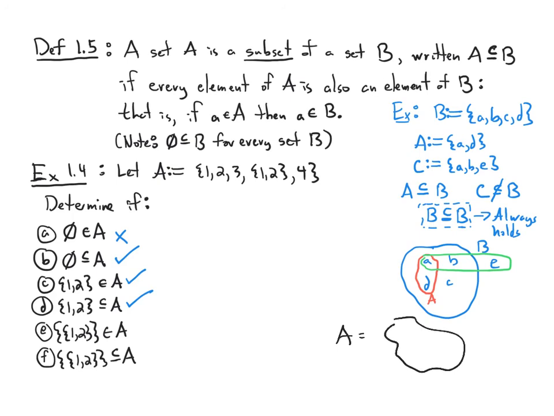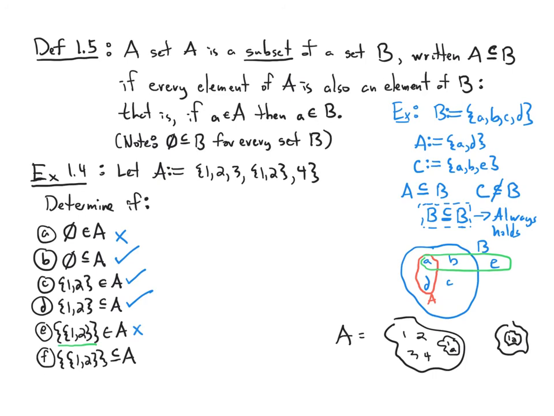Here's our bag. Here's our 1, our 2, our 3, our bag containing 1 and 2, and our 4. And this here, this set containing the set containing 1 and 2, looks like this. It's a bag containing a bag containing 1 and 2. And that's not an element of A. So this is false.